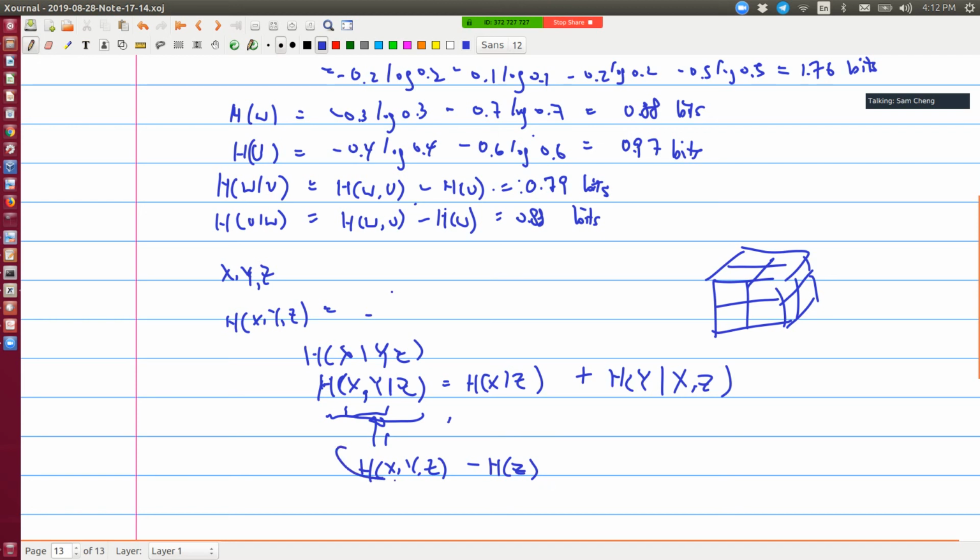So this is probably easier for computing. Basically for all these conditional entropies, you can compute this way: just compute the entropy for each of the variables, the joint entropy of all the variables or of several variables, and then just have some arithmetic combination. Yes.